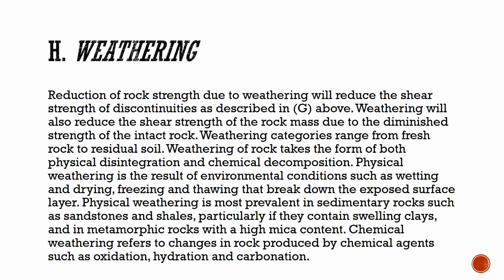Now, let me consider the process of weathering in totality. We have already seen a rock. Within the rock, there are different kinds of discontinuity planes. And within the discontinuity plane, there may be a possibility that the joints are open. There is a possibility of intrusion of infilling materials. And if the rock is competent, maybe this intruded material is prone to weathering, physical weathering or chemical weathering: oxidation, carbonization, hydration.